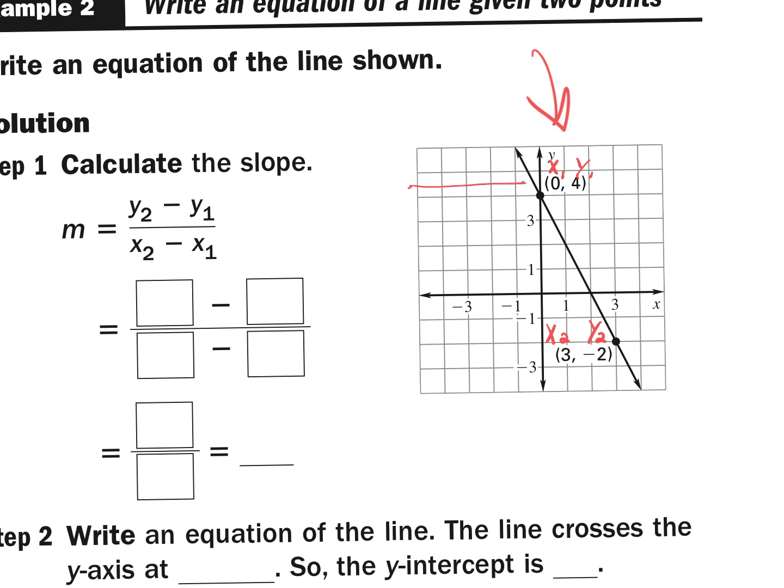And remember, we read from left to right. So if we start reading, this is the first point we come to on the graph. That's the first point that we come to, so that's going to be your first point. Okay?